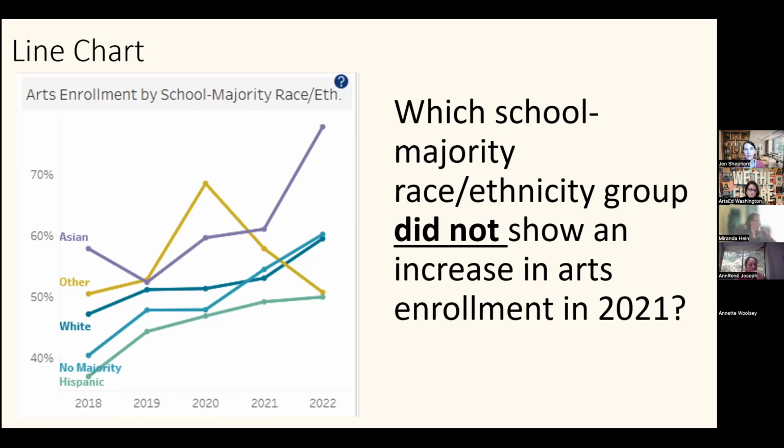So we think back to our data literacy skill of analysis and wanting to ask deeper questions and keep interrogating the data. One thing you might realize is that we're talking about school level characteristics. So it's not that the students themselves are other race ethnicity, it's that the schools they're in are.